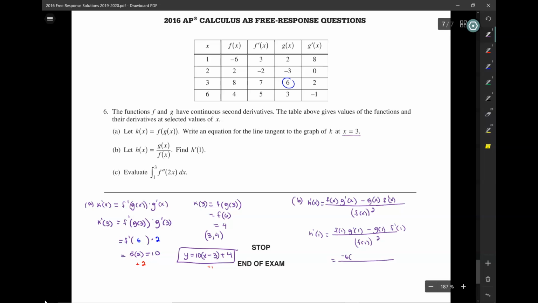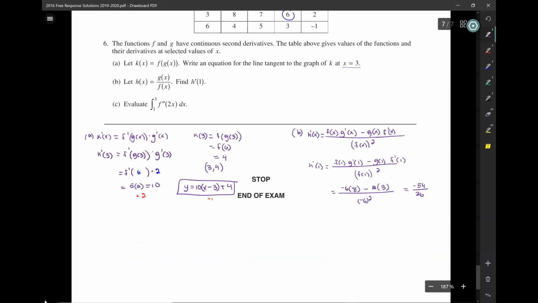So negative 6 times positive 8, minus 2 times 3, over negative 6 squared. So all that is negative 54 over 36, negative 3 over 2. Two points for this, 1 point for the answer.